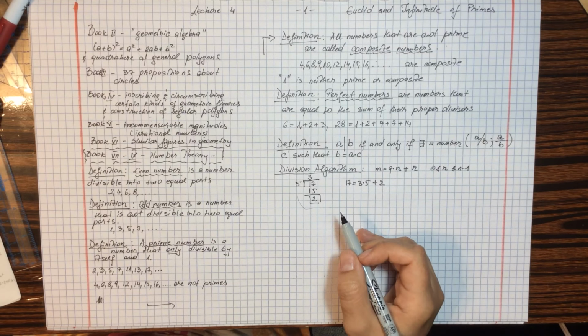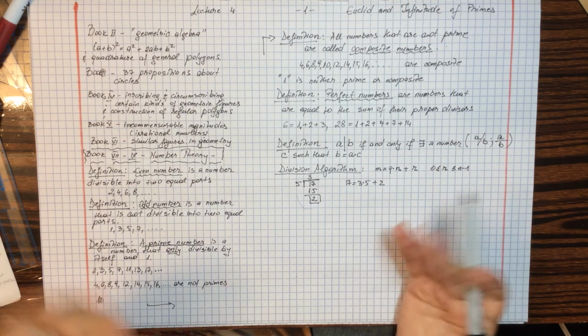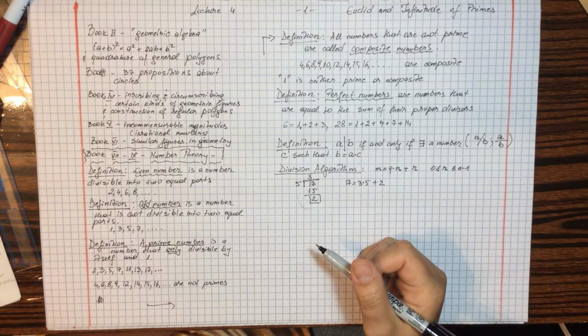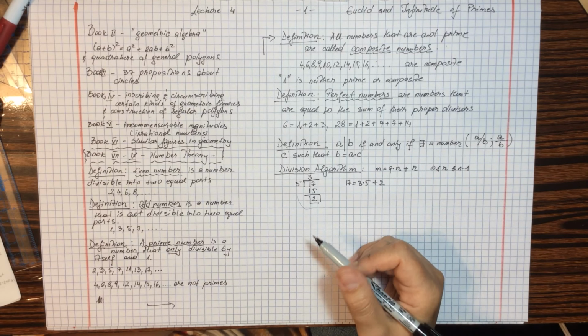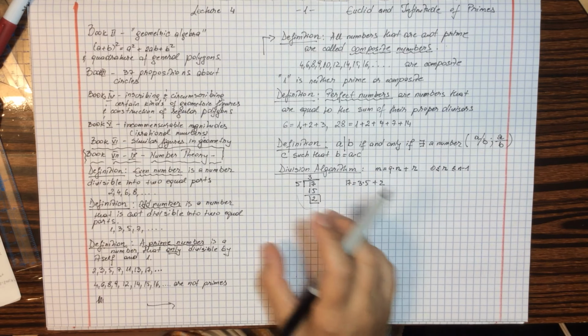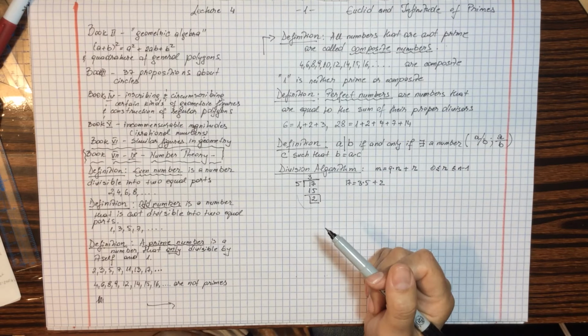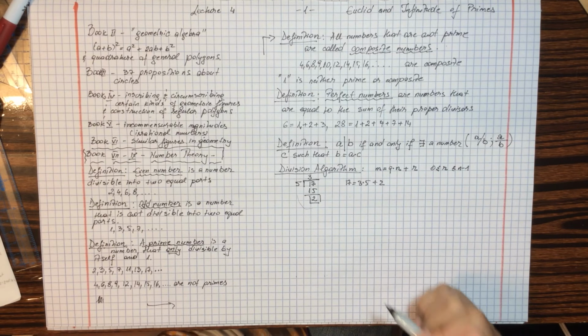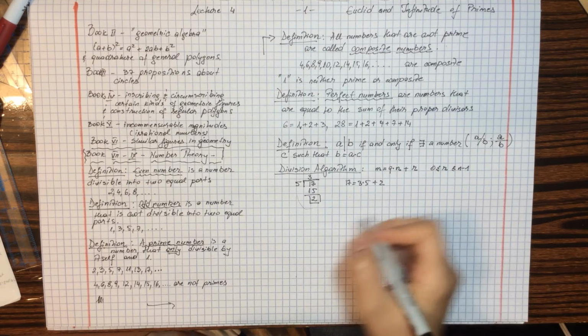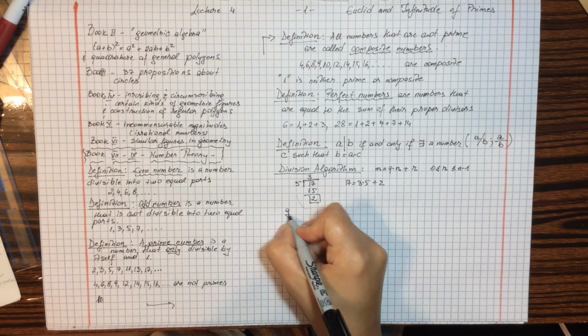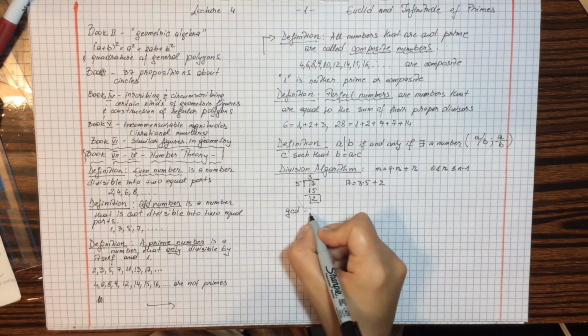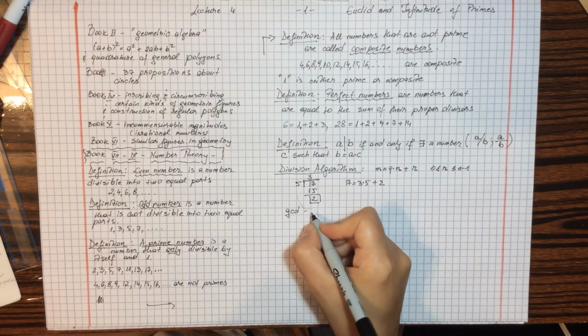As the term explains itself, it is the largest factor that goes into two numbers at the same time. A notation for that is GCD. This means the greatest common divisor.